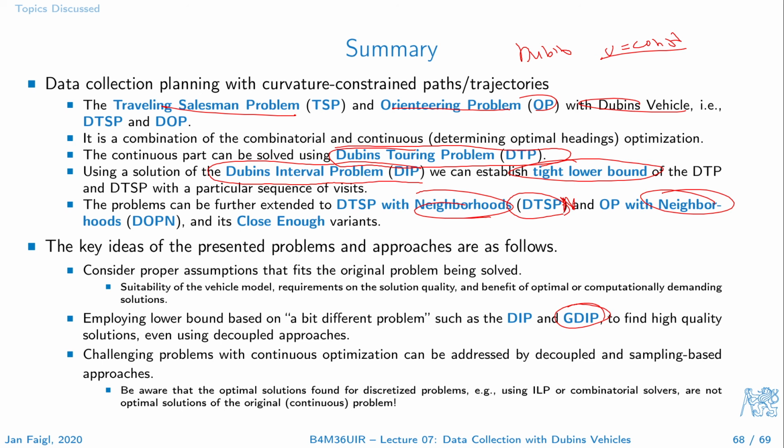Of course, it still holds for these types of problems that you can sample the continuous domain and consider it as a discrete combinatorial optimization. But here it is a little bit more tricky, because even if you increase the number of samples, you will not find the optimal solution, and you can still be very, very far.